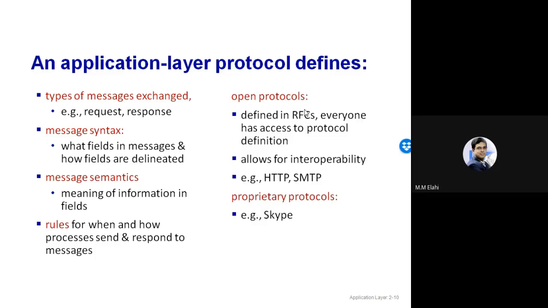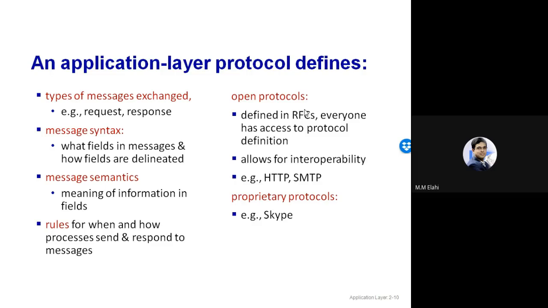And there are some open protocols, and there are some proprietary protocols. Open protocols means these protocols are defined and the definitions are available publicly. So you search, for example, for the HTTP protocol. These are defined as RFCs. RFC means request for comments. Every protocol has a corresponding number, for example RFC 1800, RFC 1915.